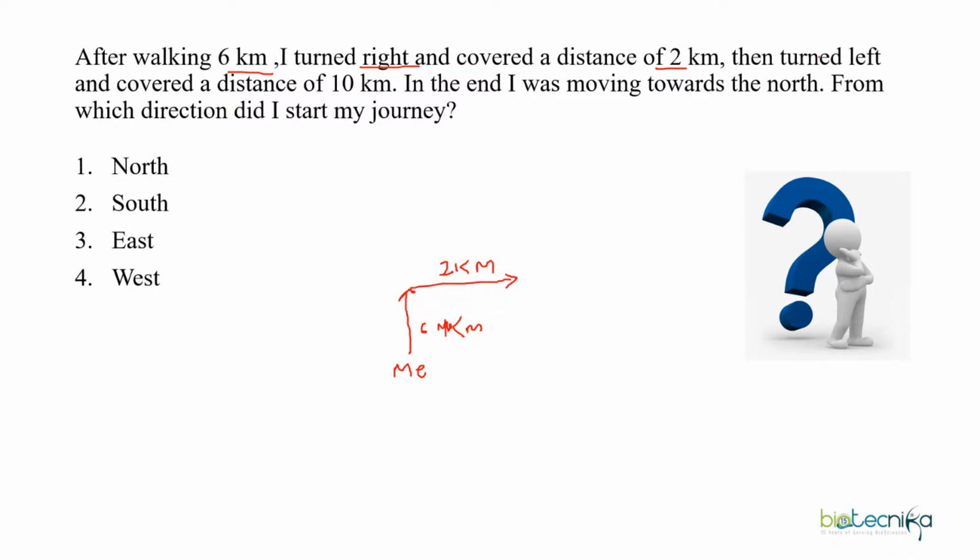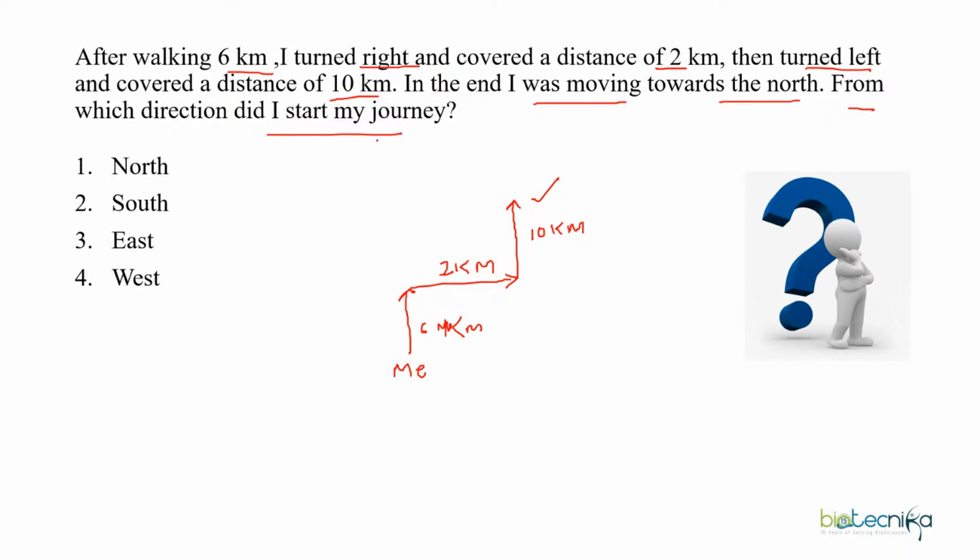Then turned left and covered a distance of 10 kilometer. So from here I turned left. That means it will be towards my north direction, and I covered a distance of 10 kilometer. In the end, I was moving towards the north. So that means my diagram is correct, right? From which direction did I start my journey?